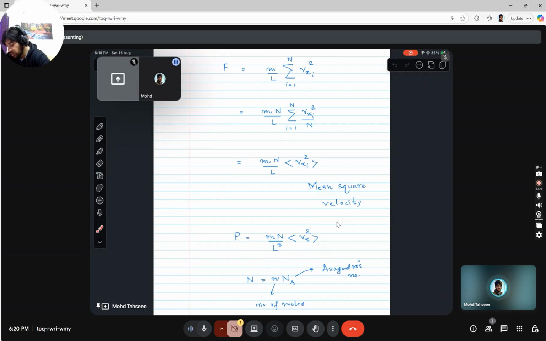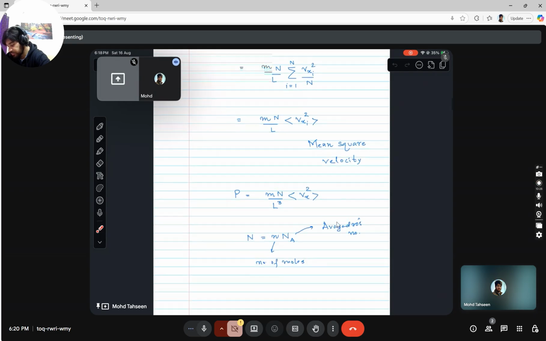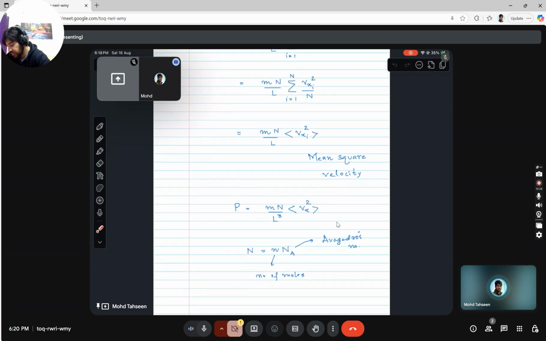Now there are 4 variables here. First is m, then there's n, then there's L, and then there is px. Here m is the mass of each particle, that's each electron, right?